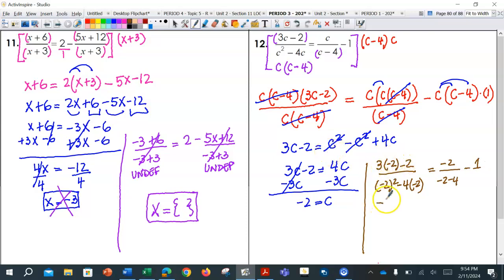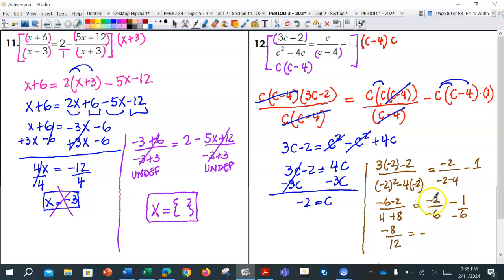So this will be negative 6 minus 2 over negative 2 squared is 4, negative 4 times negative 2 is plus 8. And on the other side, we end up with negative 2 over negative 6 and minus 1. So we have negative 8 over 12. And the common denominator will be negative 6.